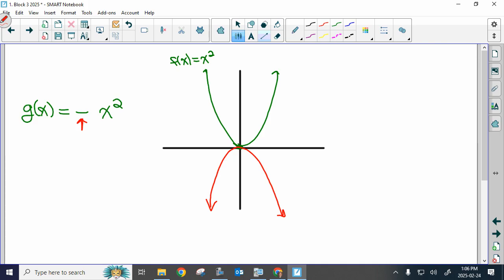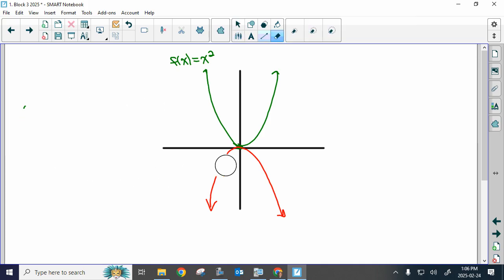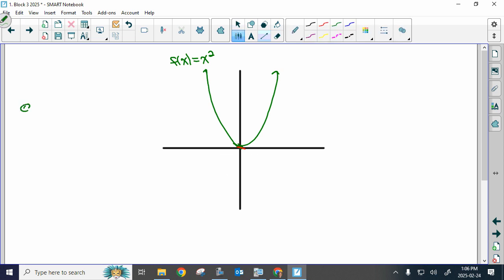Okay, so same idea again. Here's your base function. If I said g of x is equal to 3x squared, this would be described as a vertical stretch by a factor of 3 from the x-axis.